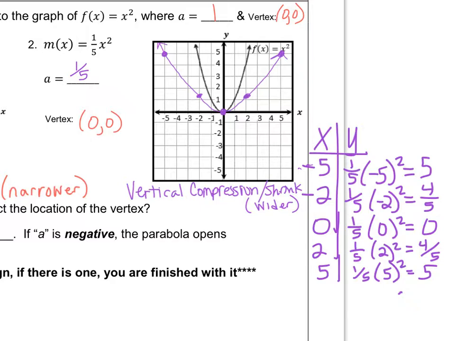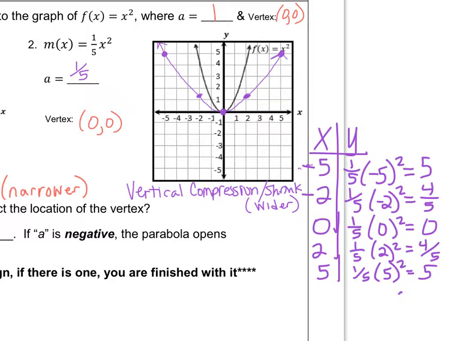We call this a vertical compression or a shrink. If you think about that same can of Play-Doh, if I compressed it or pressed it down, it would splat out the sides and it would be wider. So that's another way to remember what a compression looks like.